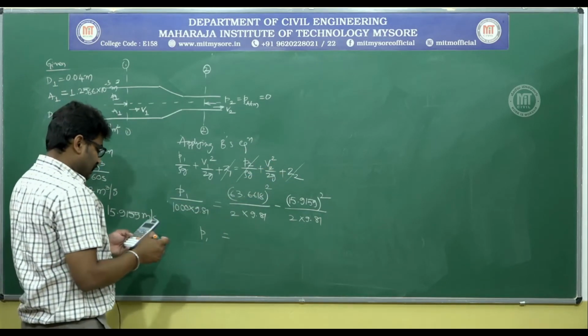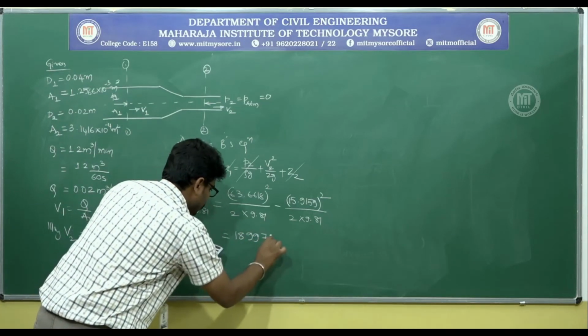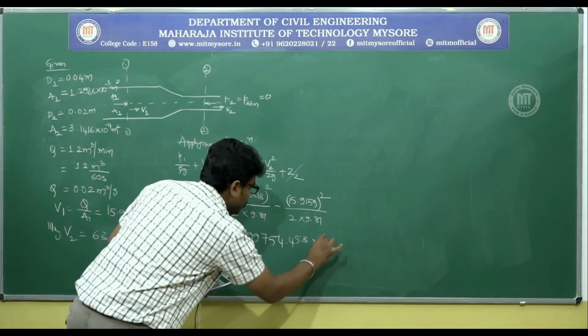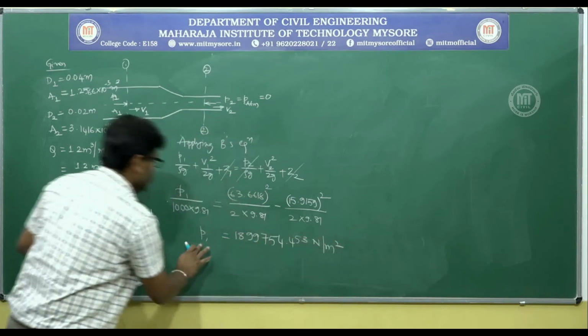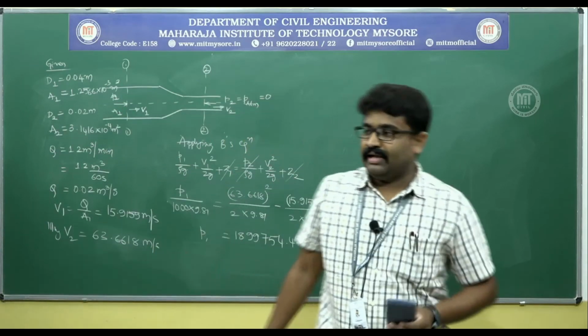You will get a value equal to 1899754.453 Newton per meter square. Remember, this is pressure. Unit for pressure is Newton per meter square or Pascal.